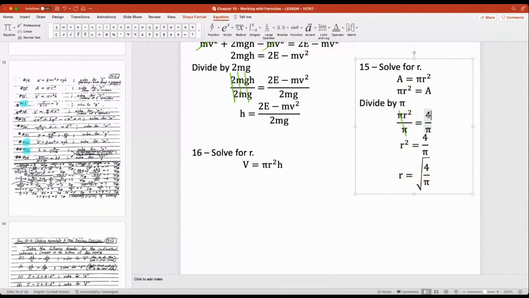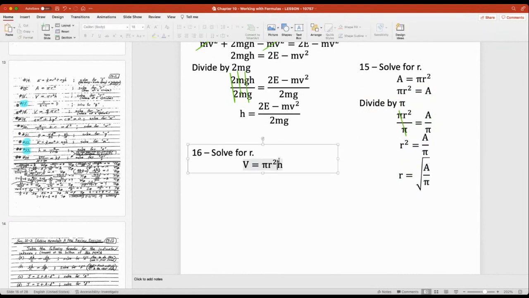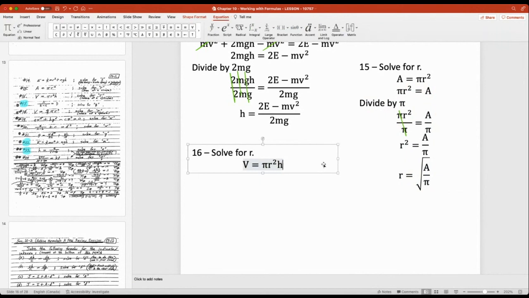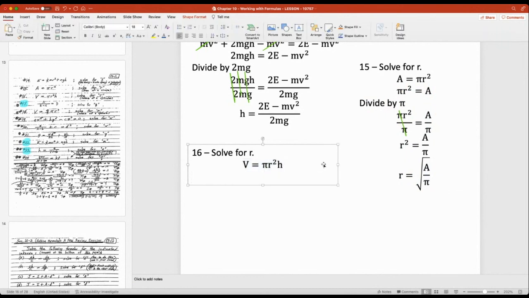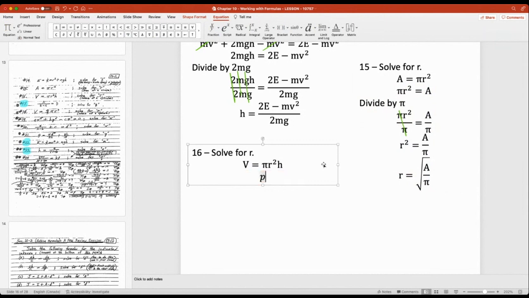Well, that's supposed to be an A. I'm so sorry. I wrote it as a 4. The 4 and the A look so similar on the screen for whatever reason to me. Okay. So I can apply a very similar situation here. I want to get rid of the pi and the h.